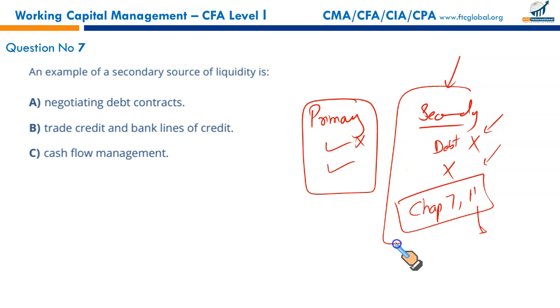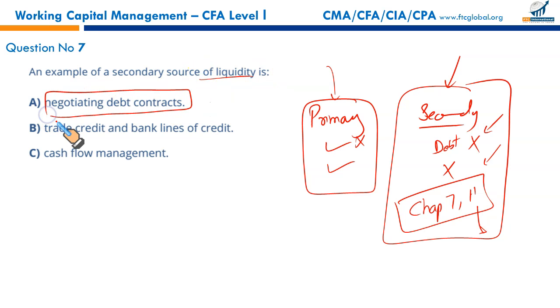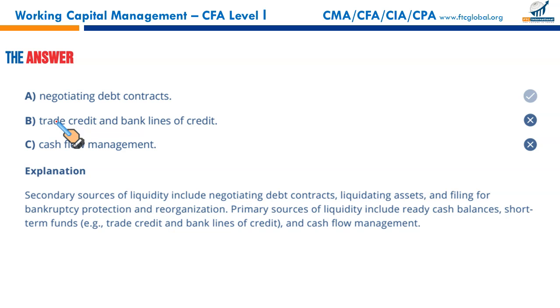You will get liquidity, but these are the bad sources of liquidity. These are the primary sources: short-term funding, credit arrangements with the suppliers, line of credit, revolving line of credit, good cash flow management. So the example of secondary source of liquidity, negotiating debt contracts, A is the right answer.